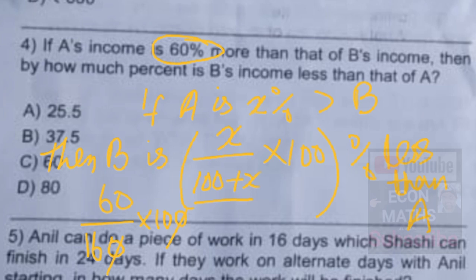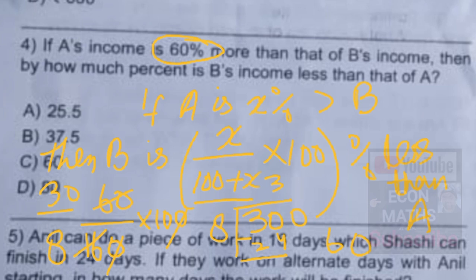This becomes 600 divided by 16, or we can write 30 divided by 8 into 10. So we have 300 divided by 8. 8 3s are 24, so this is 30 minus 24 is 6.